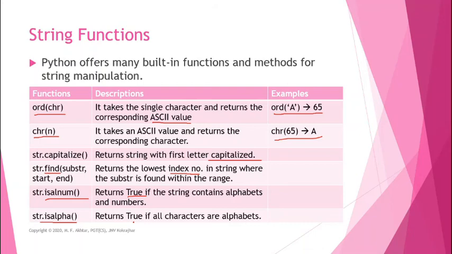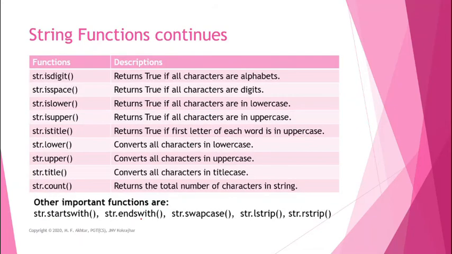If all the characters are alphabets, then it displays true. Now other functions are also there. The isdigit function is used to check whether all the characters available in the string are digits or not. Then it will give you true. isspace checks whether there are spaces. If it is a space, then it will display true.